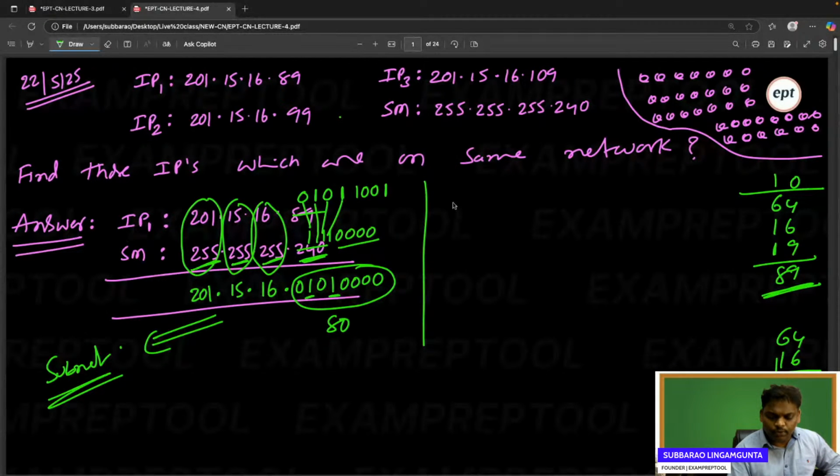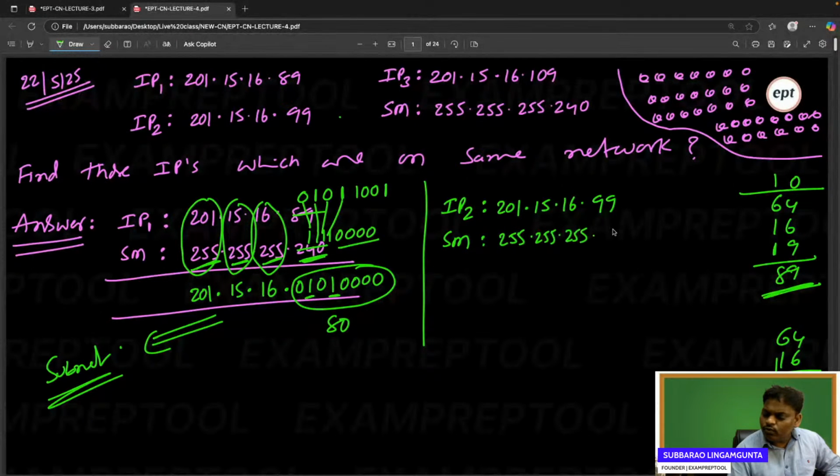Let's go to IP2 and subnet mask. IP2, if you observe, is 201.15.16.99. The subnet mask is 255.255.255.240.